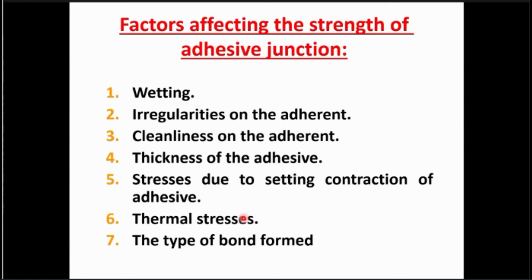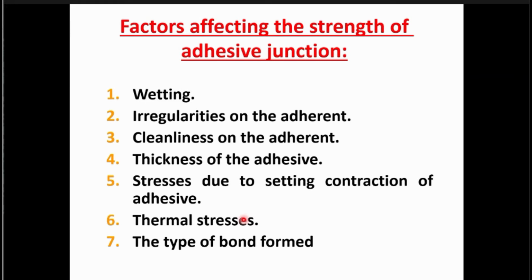There are many factors, but I will discuss the most important ones, which I numbered from 1 to 7. And we will focus on how we get good adhesion. If adhesion is not good, for example, in case of filling, the patient will come back saying my filling is lost. So even the patient will say the doctor is not good because the filling a dentist made is not good. It is fallen away.